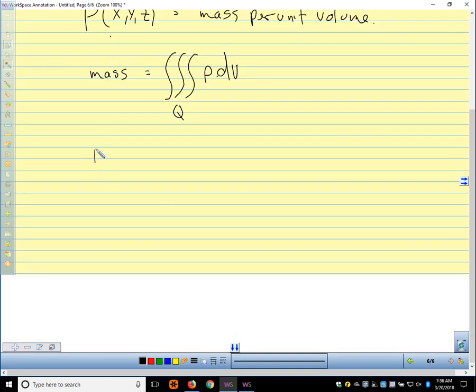M sub yz is a triple integral over a region. M sub yz is the mass times its distance from the yz plane. So that's going to be x rho dV, and this is the moment about the yz plane.